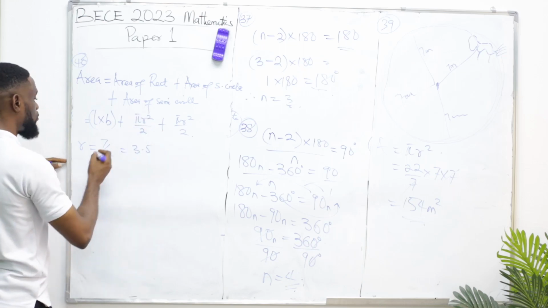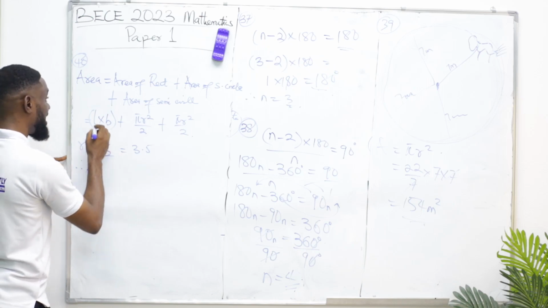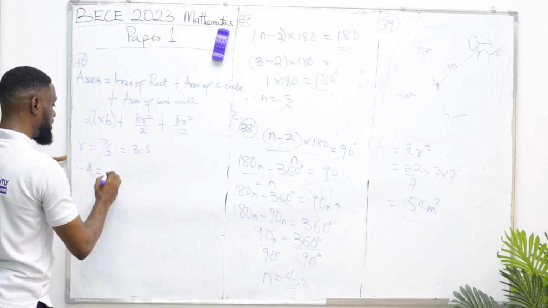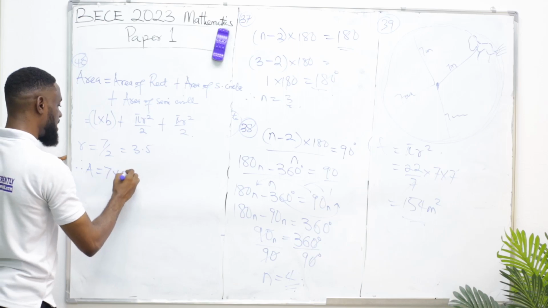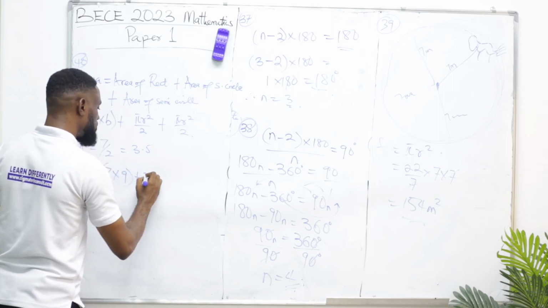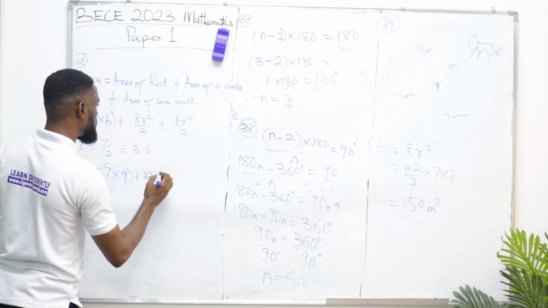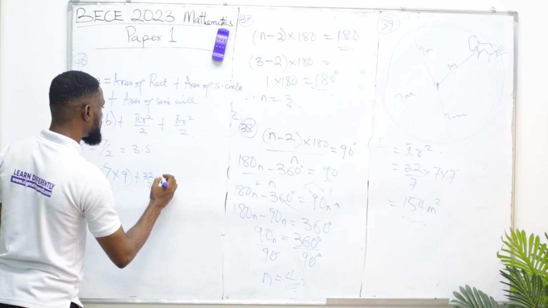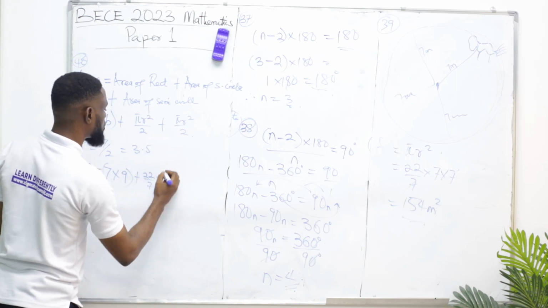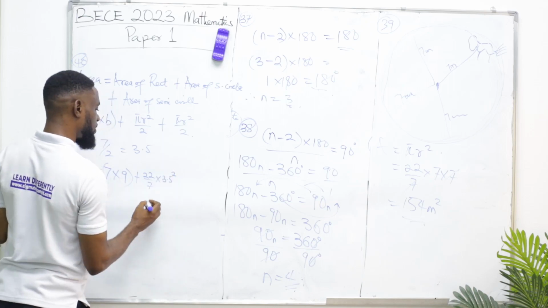Is that okay? So what that means, therefore, our area will now be equal to length times breadth of the rectangle, which is 7 times 9, right? Plus 22 over 7 times 3.5 square, okay?